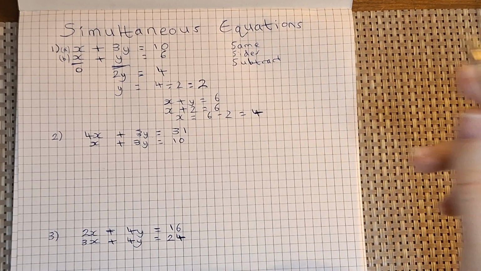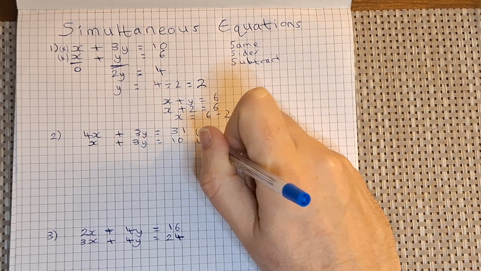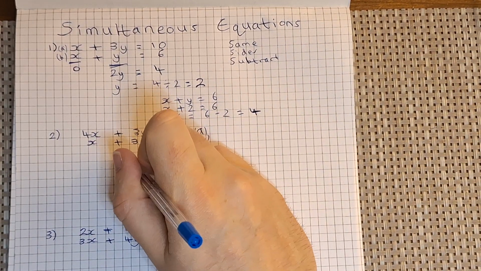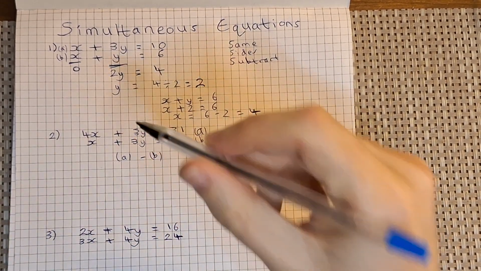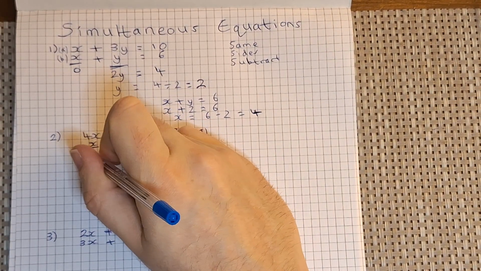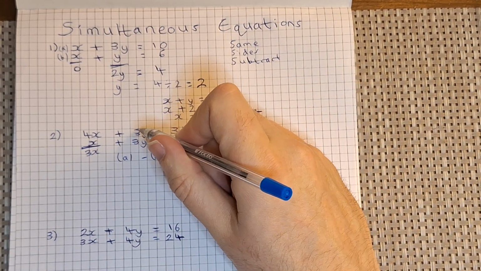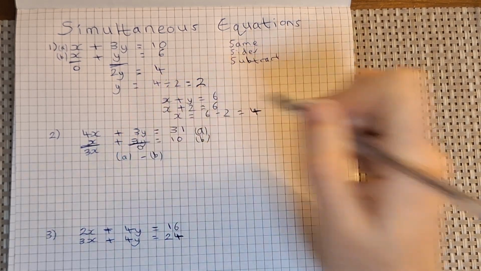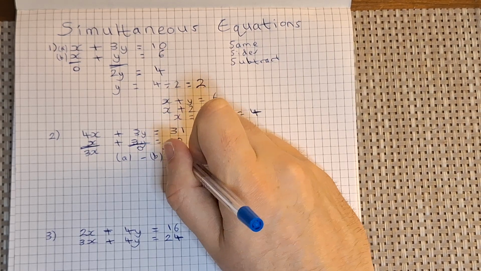So I'm simply going to do equation A take away equation B. So 4x take away x equals 3x. This will get rid of the y's: 3y take away 3y is 0. And 31 take away 10 equals 21.